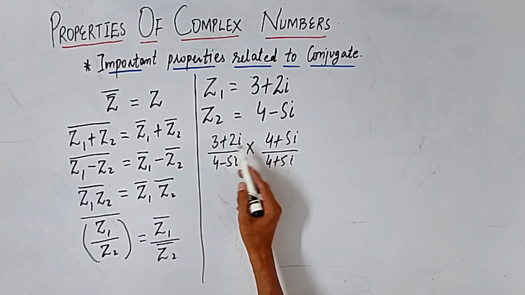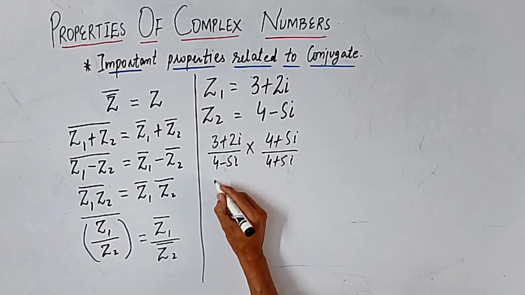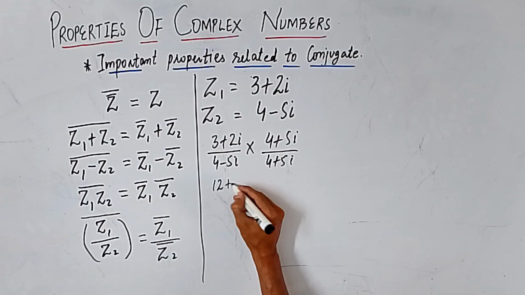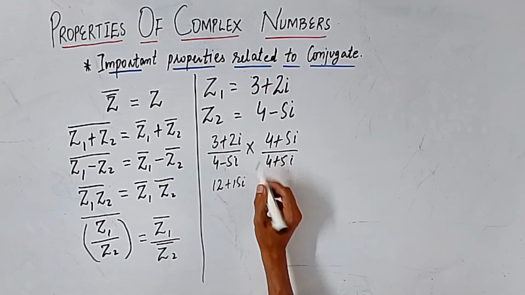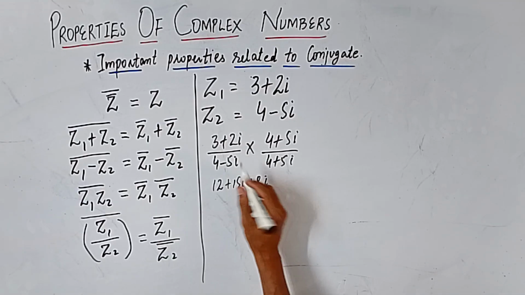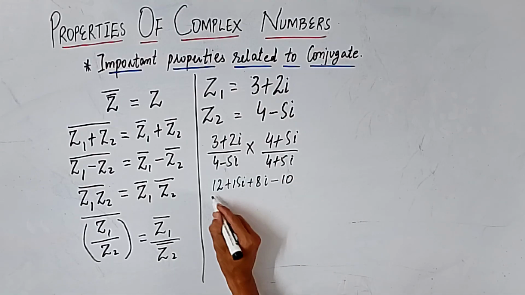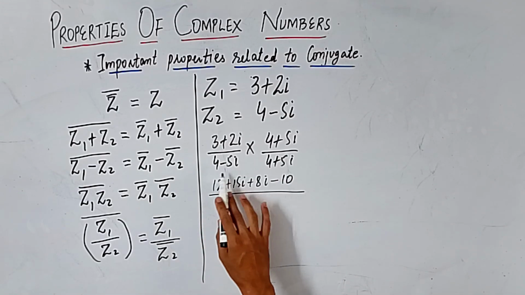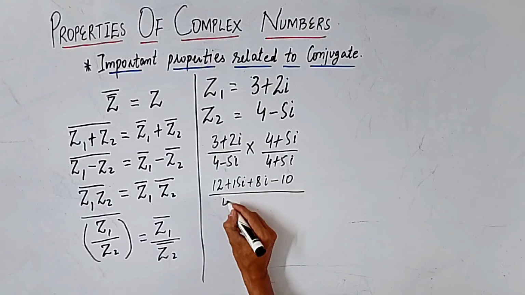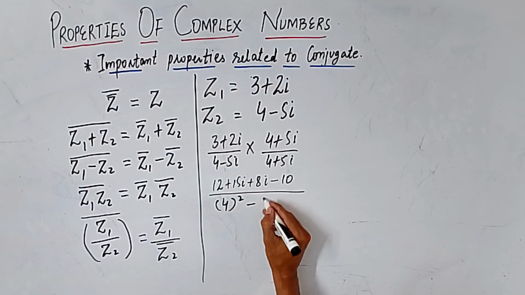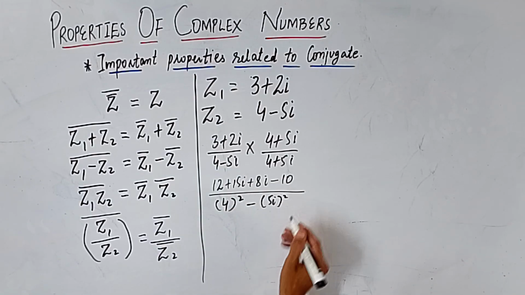So now it will come 3 4s are 12, numerator multiply numerator, and 3 5s are 15 iota, 2 4s are 8 iota, and 2 5s are 10 iota square, so it will come minus 10. And in the denominator, you can write directly a minus b, a plus b, so it will be 4 square minus 5 iota square.